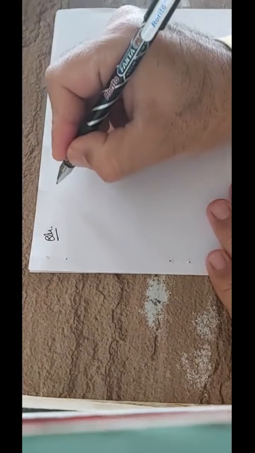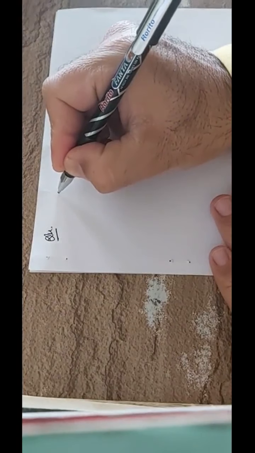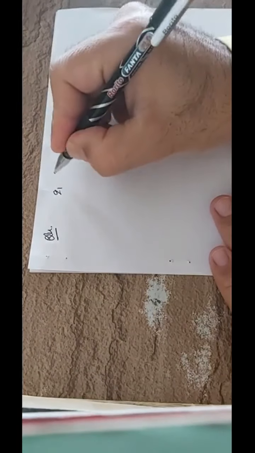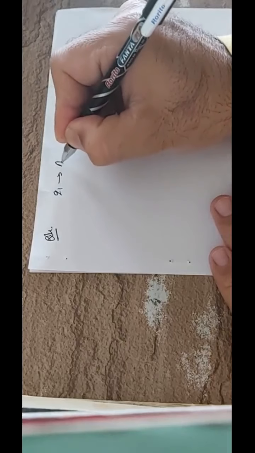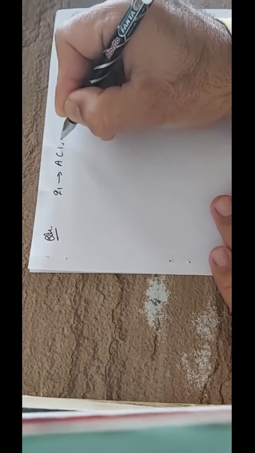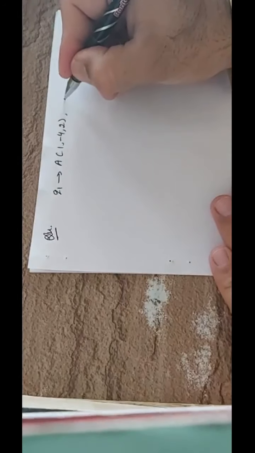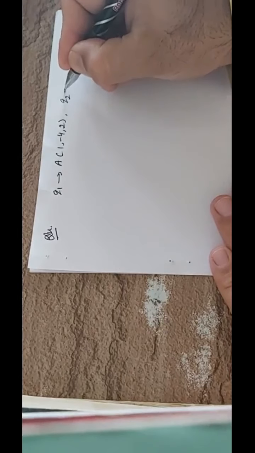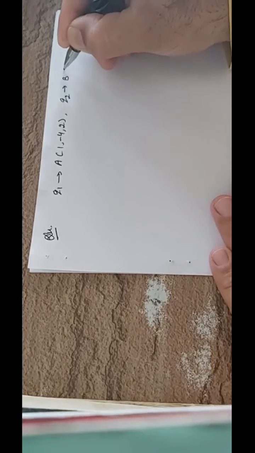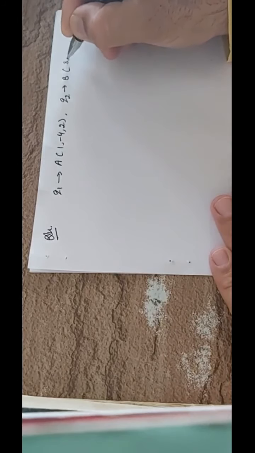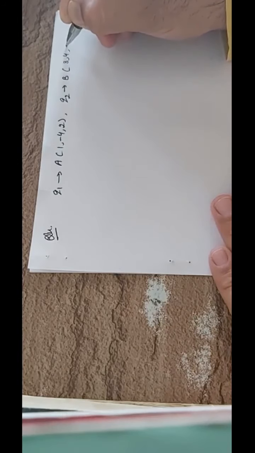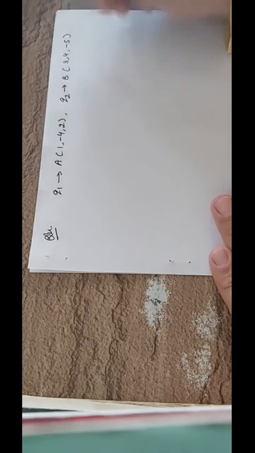Let us say Q1 charge is placed at a point given by 1, minus 4, 2 and Q2 charge is placed at point B given by 3, 4, minus 5.